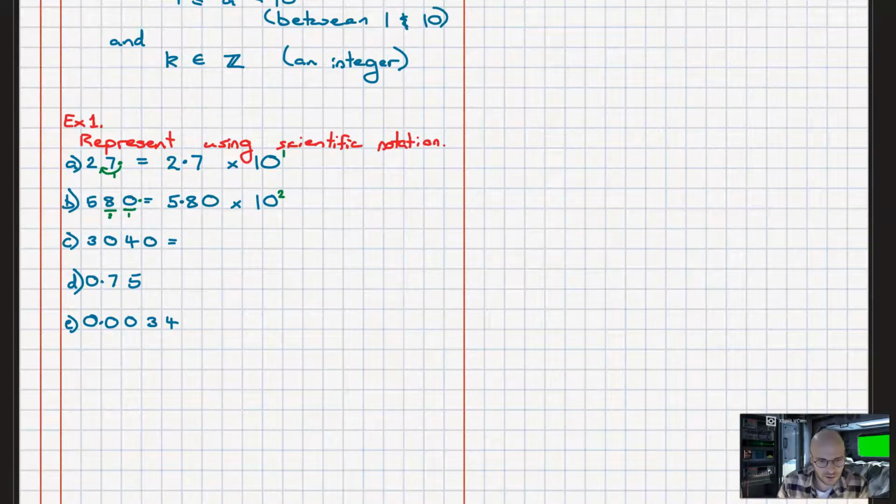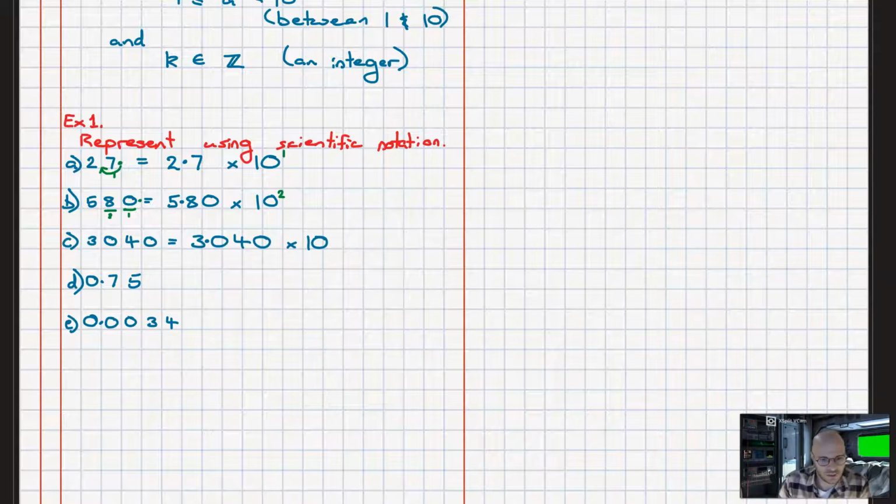Now the next one, 3040, we want to rewrite this using scientific notation. So I'm going to rewrite the number out again, 3040. And the decimal point is going to move just after the 3. So pretty much there's always going to be a single digit in front of the decimal point. Then because I've changed that, I need to multiply it by something.